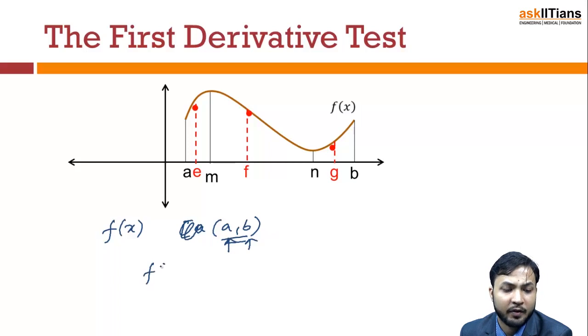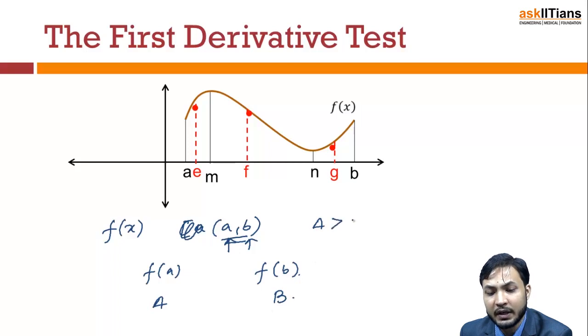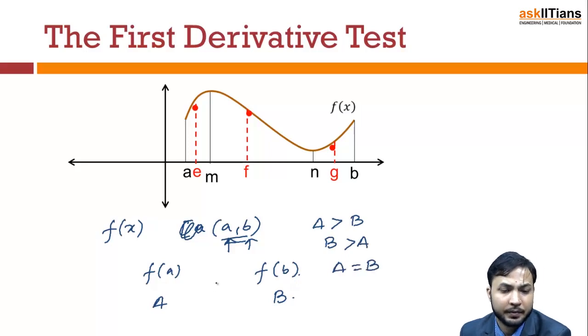Let's say I have my f(a) and I have my f(b), which give me values a and b. Now a would be greater than b, or b will be greater than a, or it may so happen that a is equal to b. These are the three things that may happen.